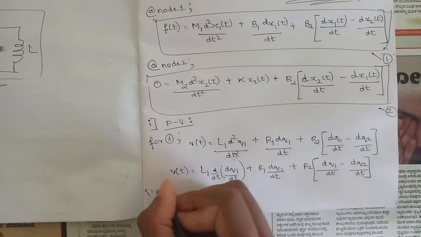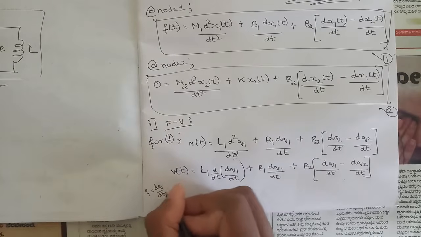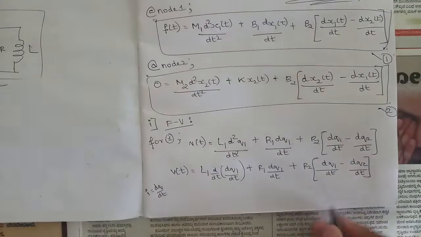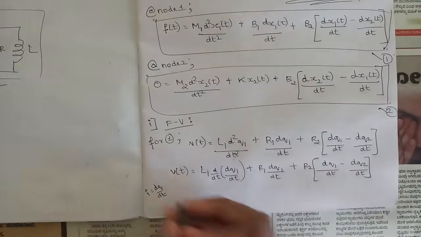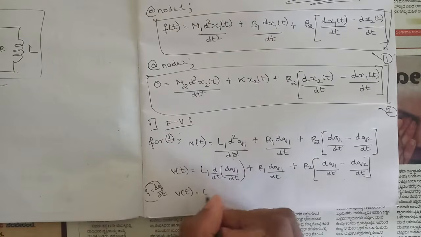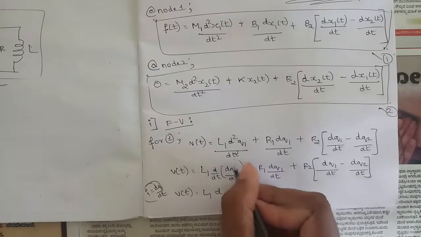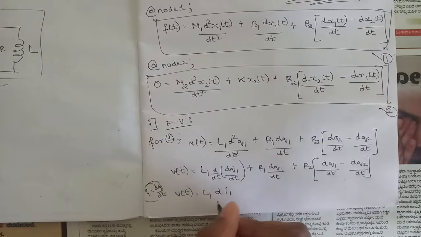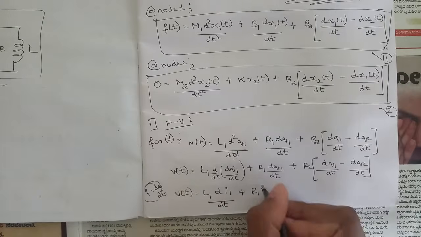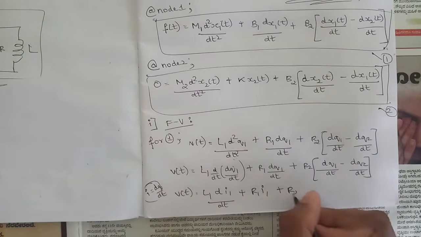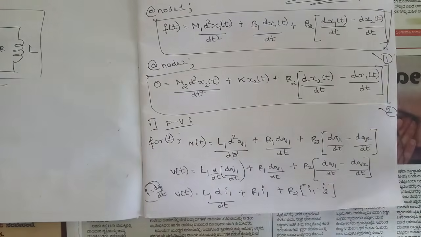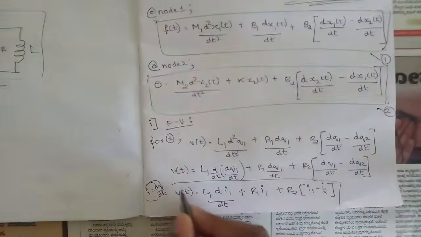Since we know that I is equal to dq by dt, okay, so replace this term dq by dt by I, that is L1 into d. Since we have q1, we need to consider current I1 by dt plus r1 into I1 once again plus r2 into I1 minus I2, okay? So this is the equation.